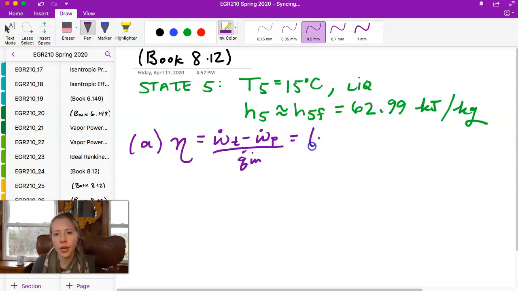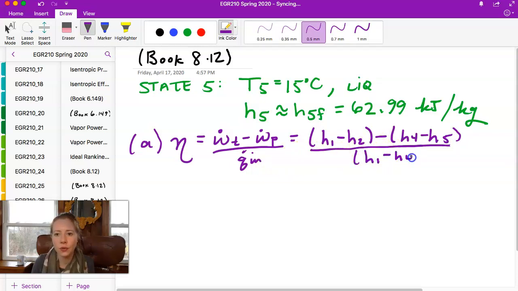And so this is going to be equal to H1 minus H2 for W dot T minus H4 minus H5, divided by Q in, which is H1 minus H4. And so you get 0.2687.